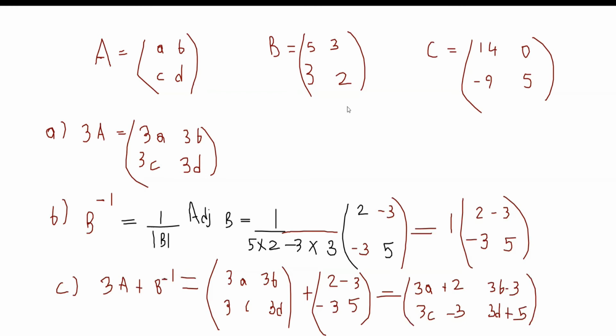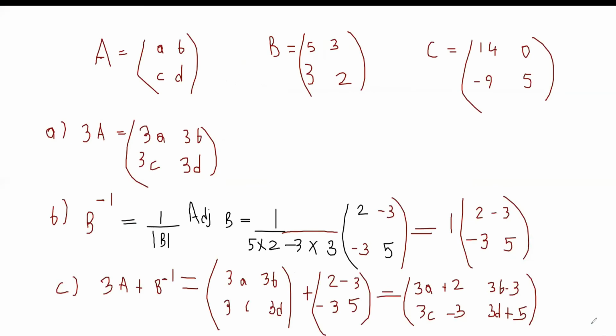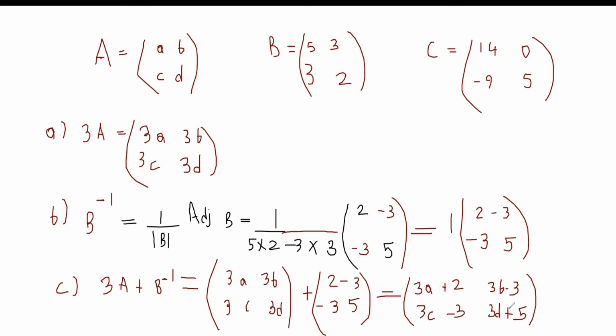Now when you look at this, it says find the value of A, B, and C, since 3A plus B inverse equals C. So in order to set up that equation, we just want to start with the fact that 3A plus B inverse is equal to the matrix C. Now what is 3A plus B inverse?